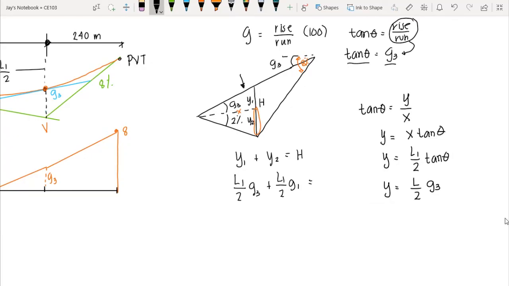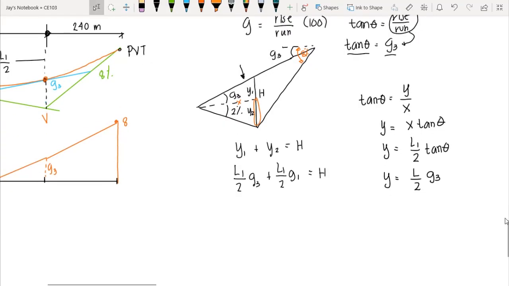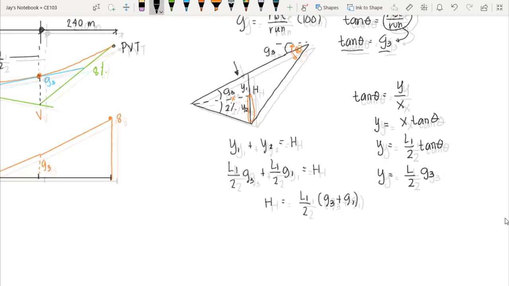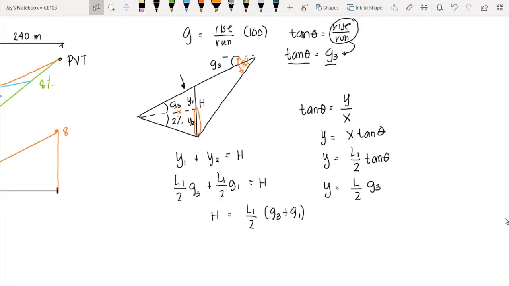So that means this is our H, correct? So by simplifying it further, we have H is equal to, we can factor out L1 over 2, so we have here G3 plus G1. That is our H on the PVC side.